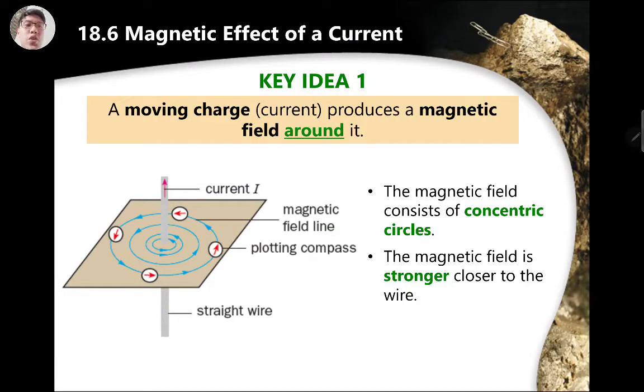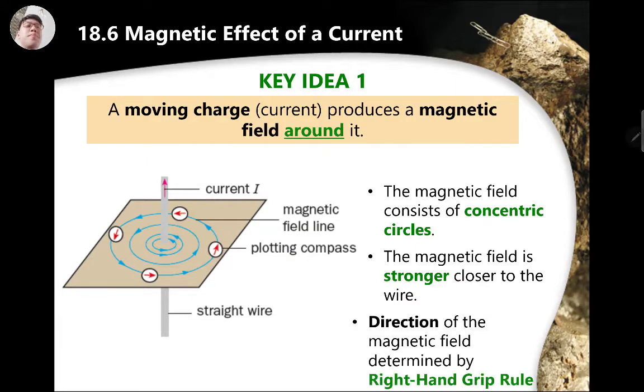And the magnetic field is stronger closer to the wire. So if you can see, the magnetic field lines are closer here than they are here. Here is further apart. And remember, the closeness of the field lines tells you how strong the field is. So the magnetic field closer to the wire is stronger, and hence the lines are drawn closer together. And magnetic field lines further away from the wire are drawn further apart because they are weaker.